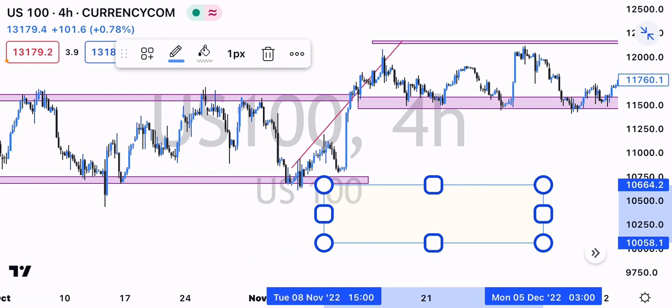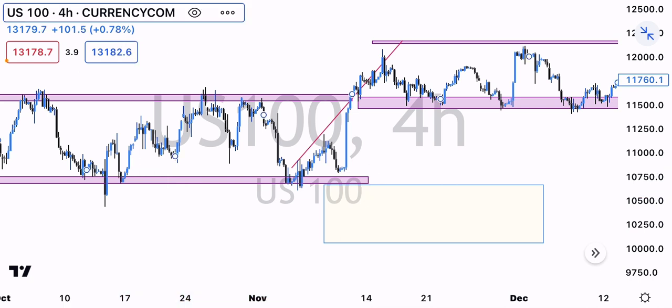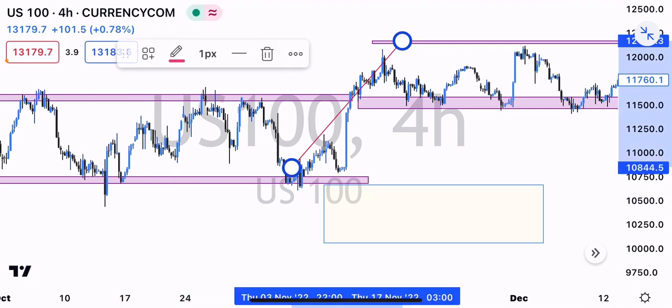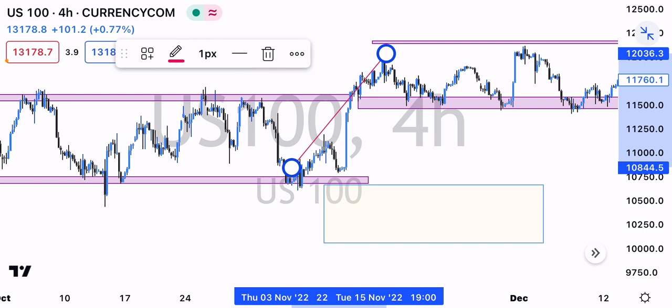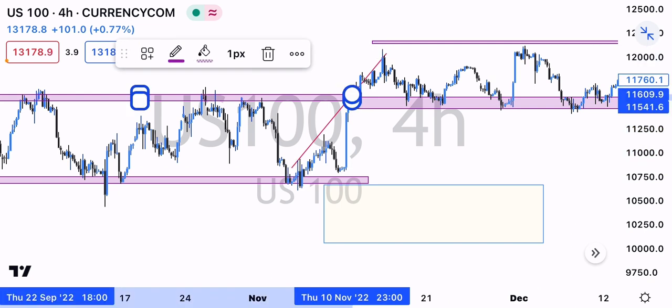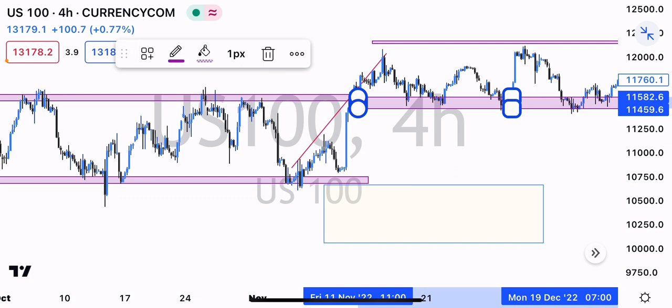So from here the market touches support, comes to resistance. Then when it's time to go, it goes up and breaks this resistance. Then it turns it into support, which now is a support here.